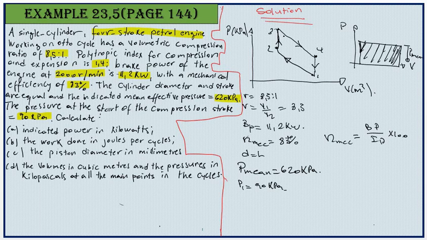If we assume that the area of the first diagram is the same as the area of the second diagram, then we can determine the pressure, because as you can see, that is a rectangular shape. For a rectangular shape, the work done represents the area inside the curve. That area can be calculated knowing the length and the width. The length represents the stroke volume and the width represents the effective pressure.